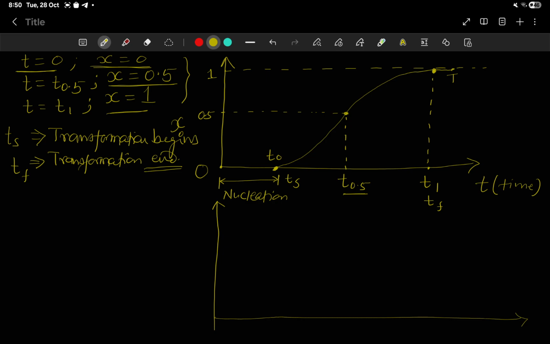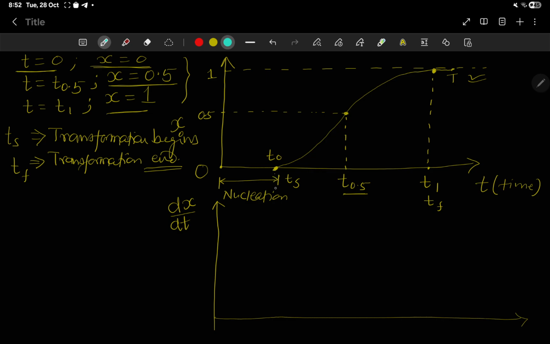Now let's try to draw some other curve. Here on the y-axis we will take dx by dt. Now you can see this whole transformation curve is at a particular temperature T, right? Now let's try to explore it more.